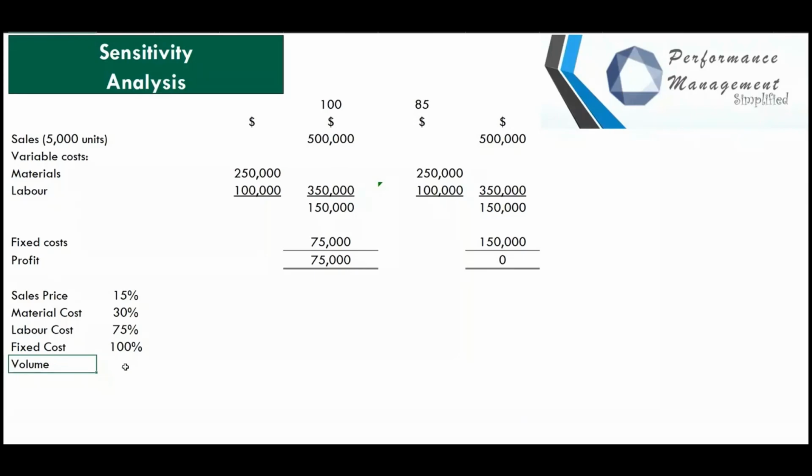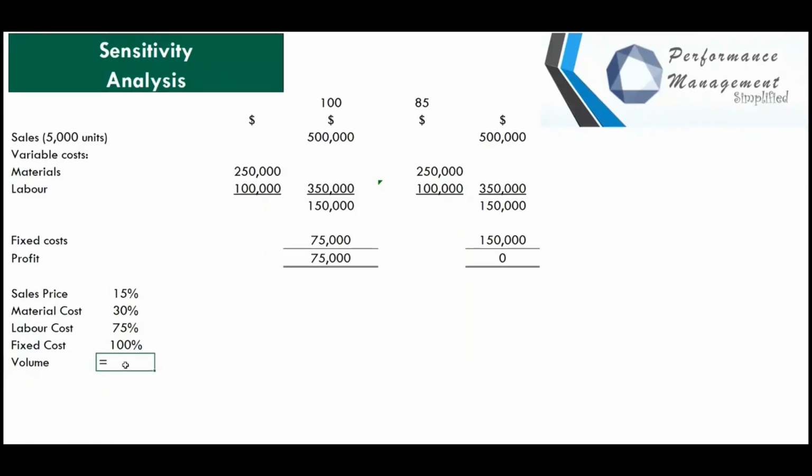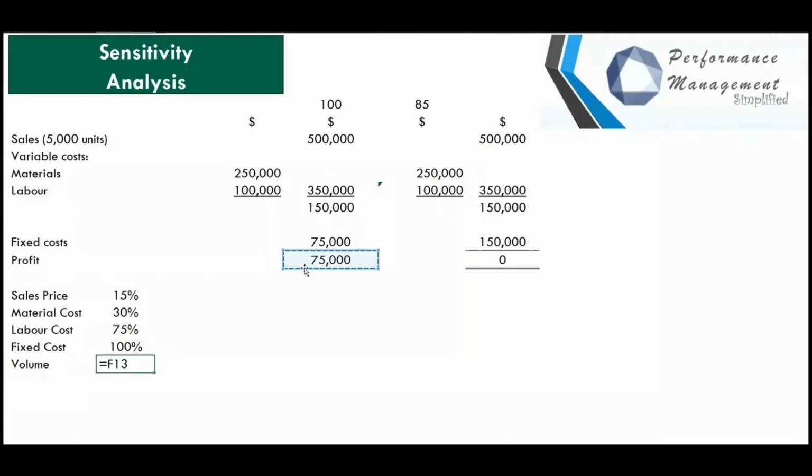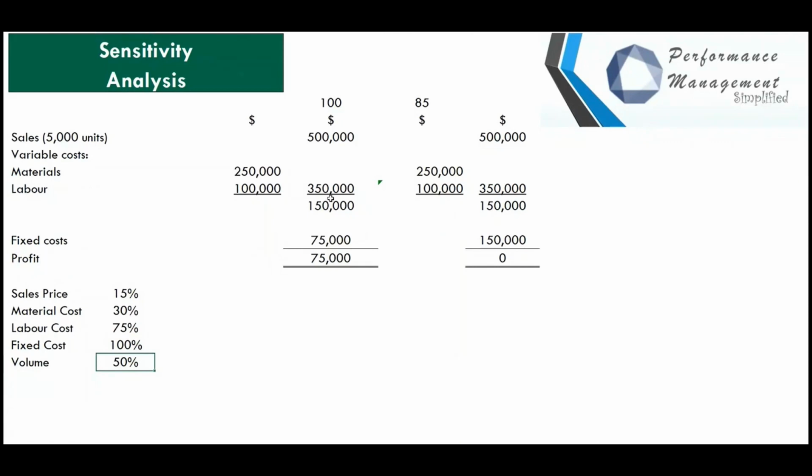If I'm trying to check for the sensitivity of volume, it will be the profit divided by contribution, because the contribution has taken into consideration all items that are impacted by volume. So once all items impacted by volume have been treated, you can check profit to contribution to check for the impact of volume. So that's 50%: any drop in volume by more than 50% will lead to a loss.